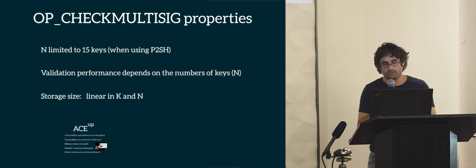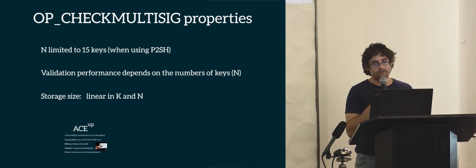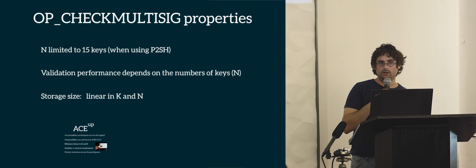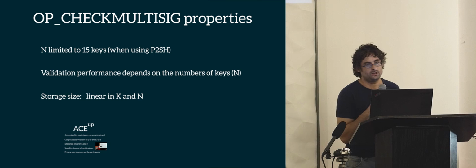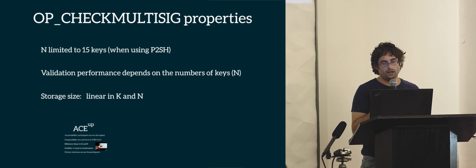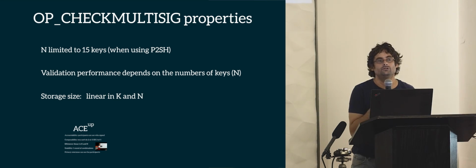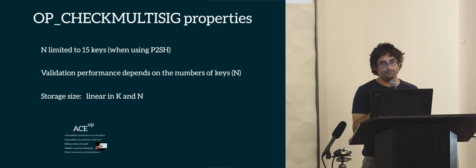So in Bitcoin, this is implemented using OP_CHECKMULTISIG, which is given N public keys and requires K signatures with it, where K is between 1 and N. Though in Bitcoin, N in this case is in practice limited to 15 keys due to the restrictions of P2SH, pay-to-script-hash addresses.